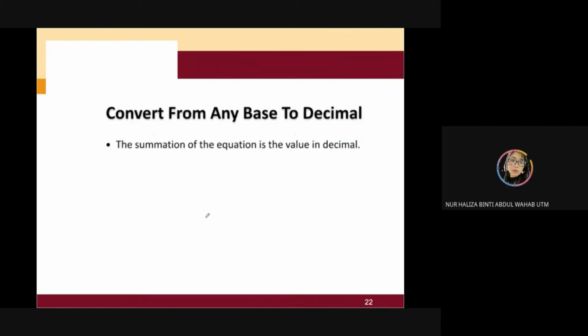And now, you already learned how to convert from any base to decimal, because you can have to the power of something over here. You can have 4, you can have 3, whatever number, you can directly convert to decimal. It's very easy, right? So the summation of the equation is the value of decimal.